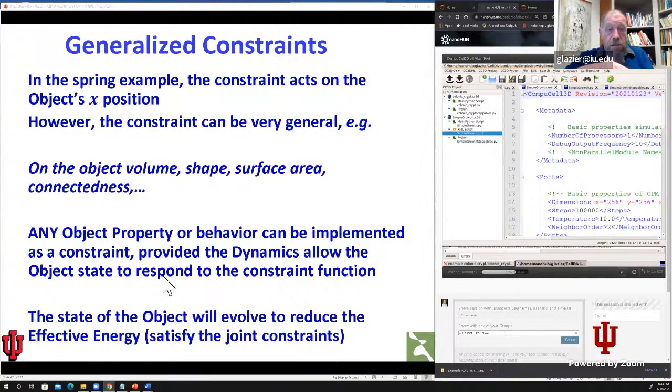If you're a physicist, the strength of the constraint is the inverse compressibility of the material. The elastic constraint that we're using for volumes is equivalent to the ideal gas law. The cells really do behave like balloons with gas in them.